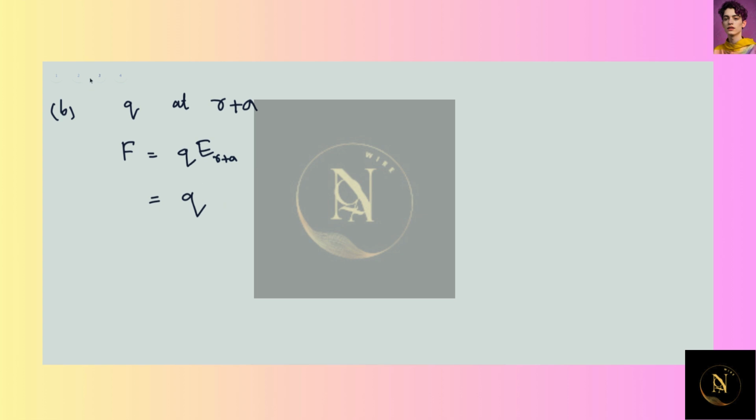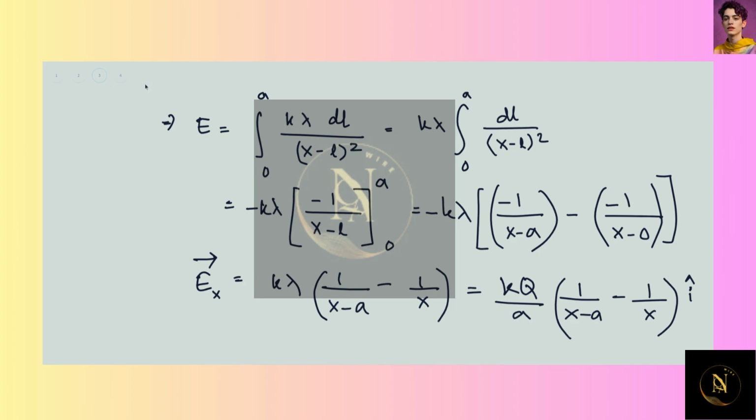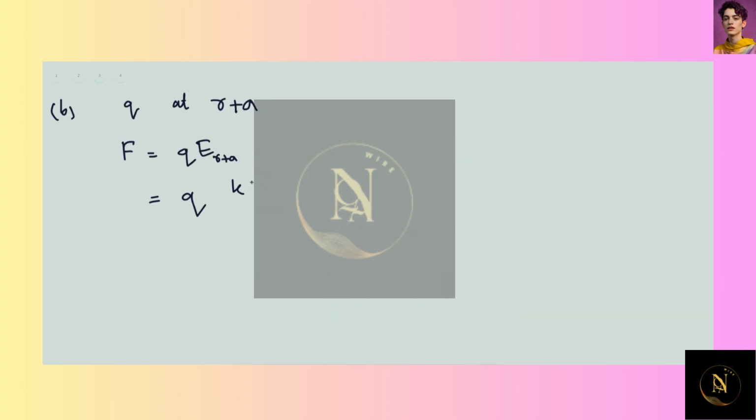So we will use this expression. We have kQ over a, and our x is r plus a. And then again we have another x over here, and let's mark the vector signs, and this has a direction i cap.